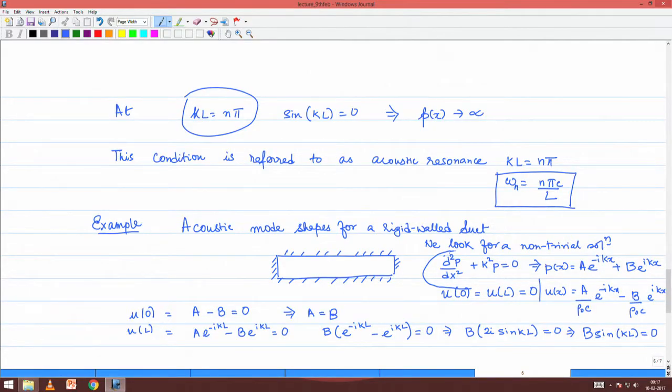So, if this equation has a solution, let us say P1, then 10 times P1 is also a solution, 100 times P1 is also a solution.